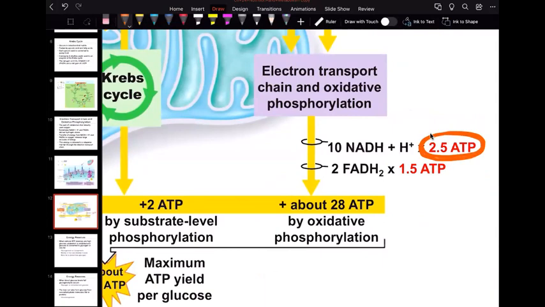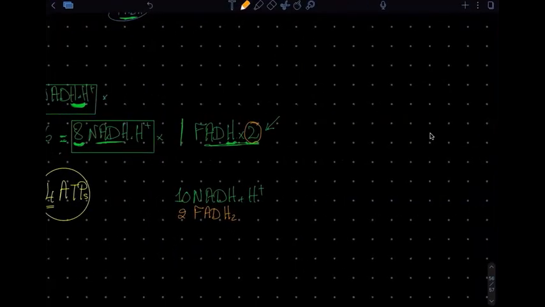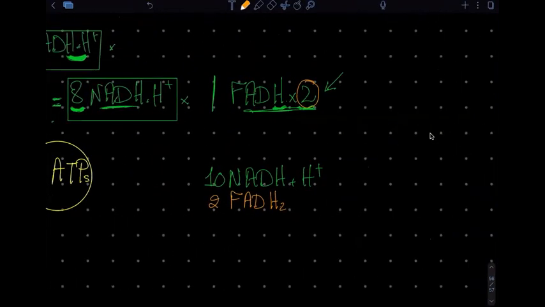And each FADH is going to be yielding 1.5 ATP. So can you calculate this for me? We've got 10 NADH, each one is worth 2.5 ATPs. And 2 FADH, each one is going to be yielding 1.5 ATP.